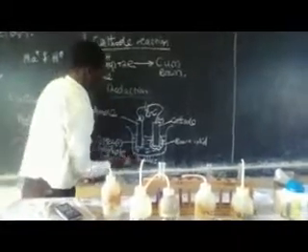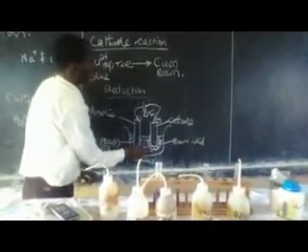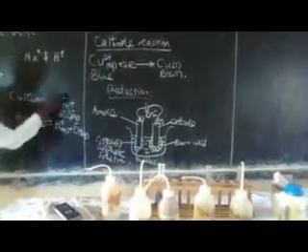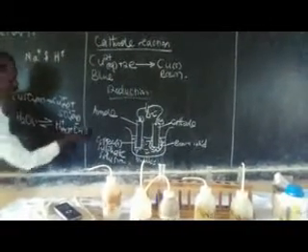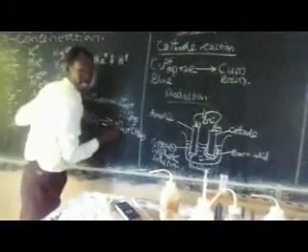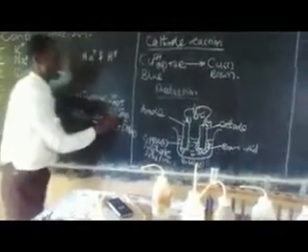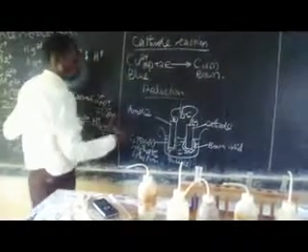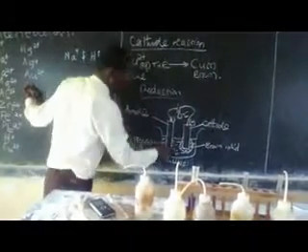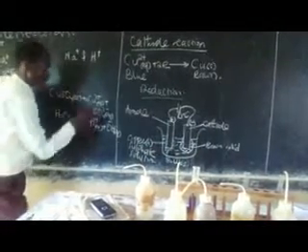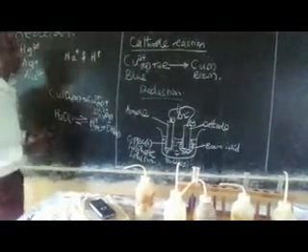So at the end of the process, the solution that was blue in color will turn colorless. Why? You are removing the copper ions and hydroxide ions. So the blue color disappears or fades. Secondly, you will leave behind the hydrogen ions and sulfate ions, which means the solution becomes acidic. If I put a blue litmus paper here, it will turn from blue to red. Why? I'm leaving behind hydrogen ions and sulfate ions.